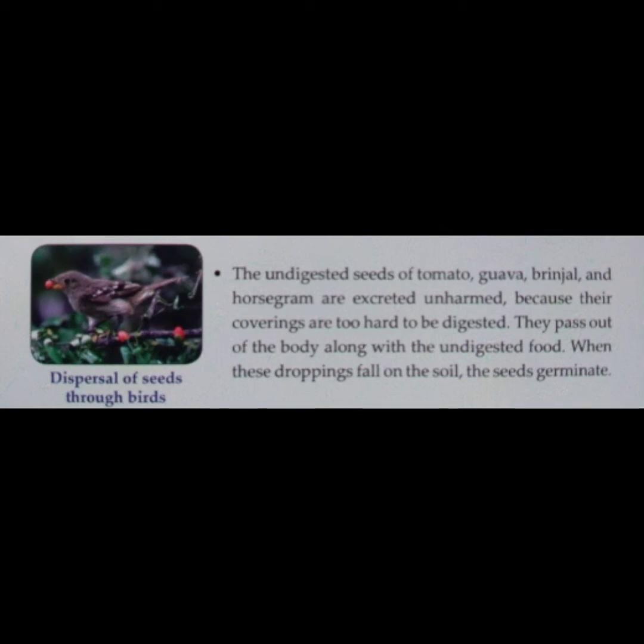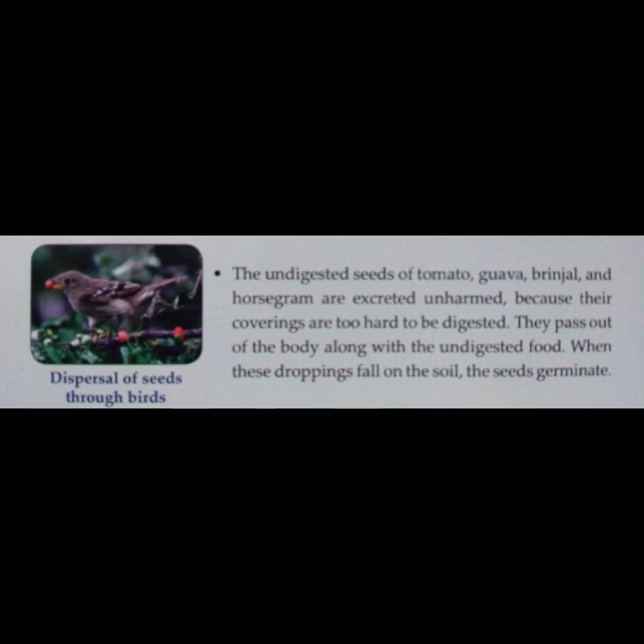The seed coat, the outer covering of the seed, helps not to damage the seed. So they pass out of the body along with the undigested food. When these droppings fall onto the soil and receive favorable conditions, the seeds start germinating.